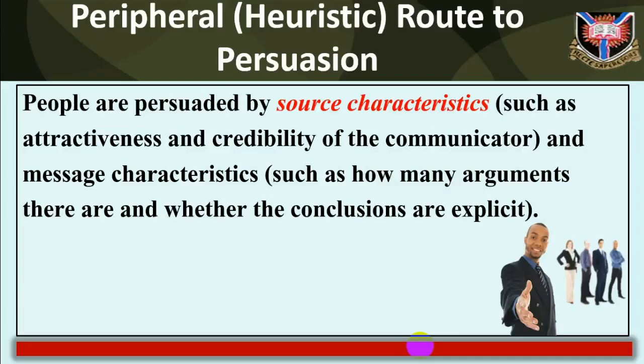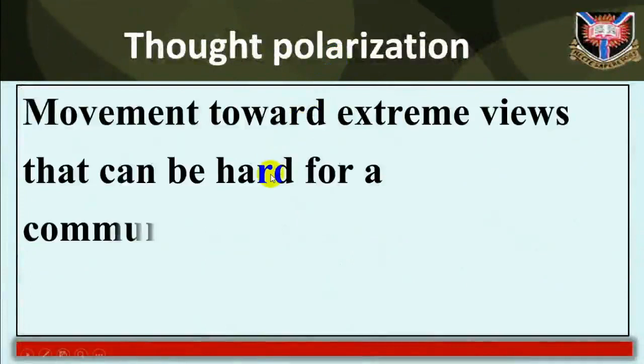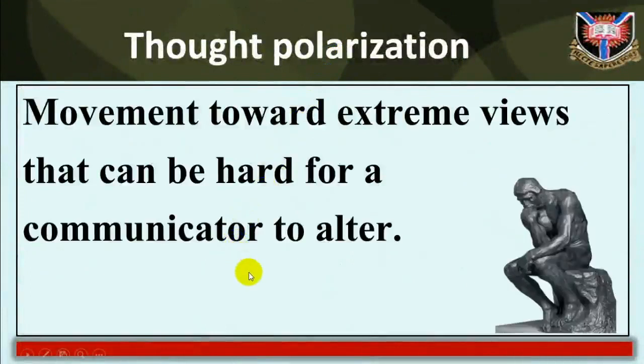Public commitment to a position helps people to resist persuasion. Just thinking about an attitude object can produce thought polarization, or movement toward extreme views that can be hard for a communicator to alter.